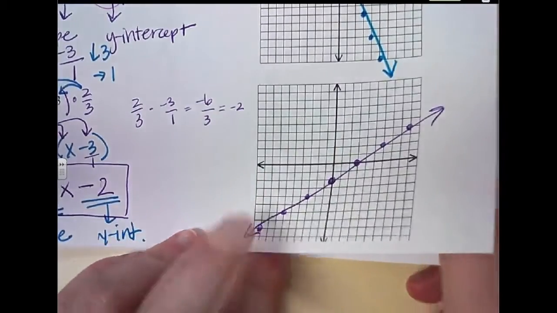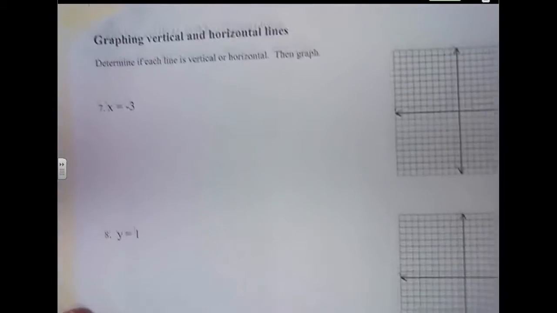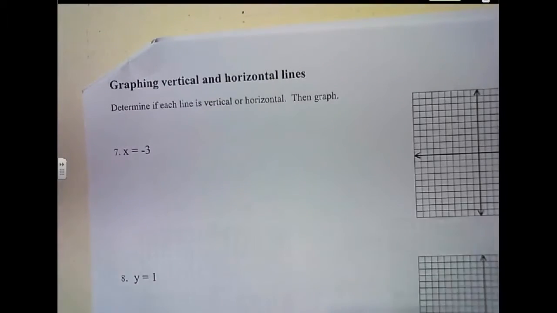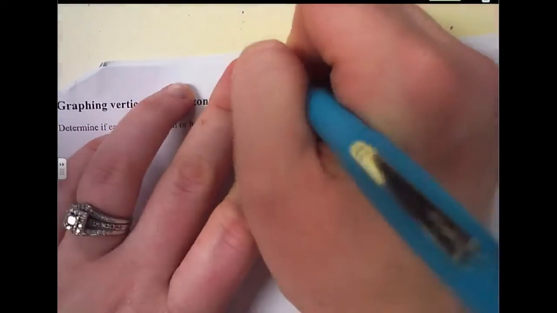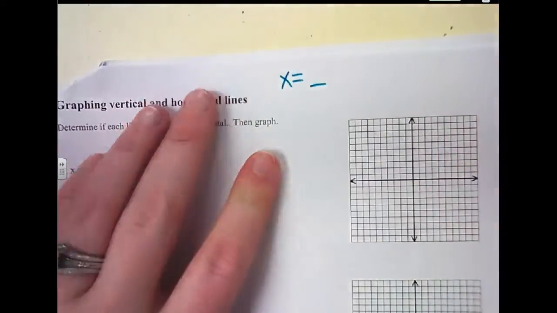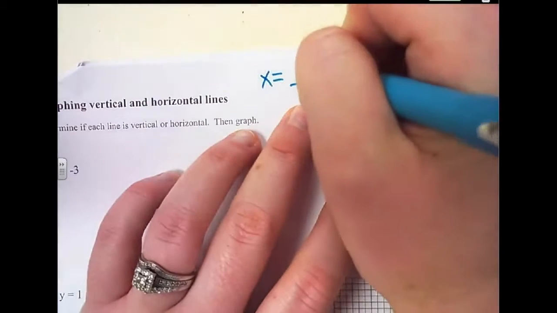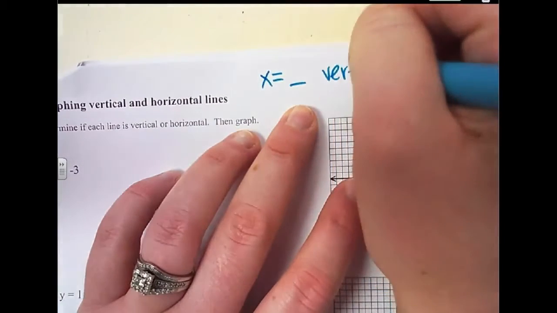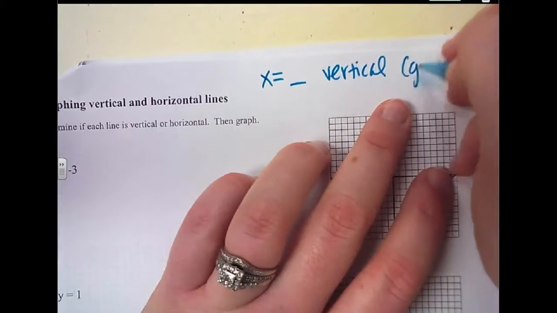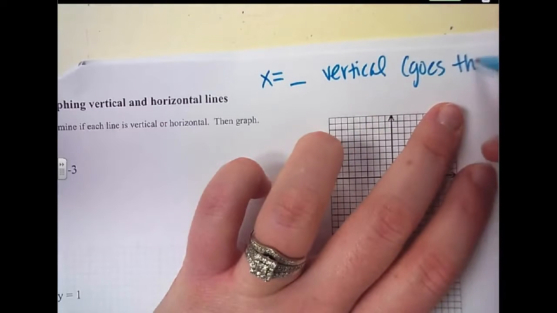Okay, so on the next part, it's just talking about vertical and horizontal lines. So it says, determine if each line is vertical or horizontal, and then graph. So up here at the top, I'm going to put, if it says x equals something, it's vertical because it goes through the x-axis.